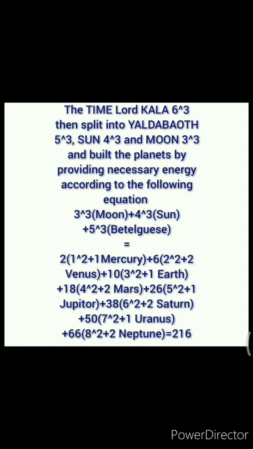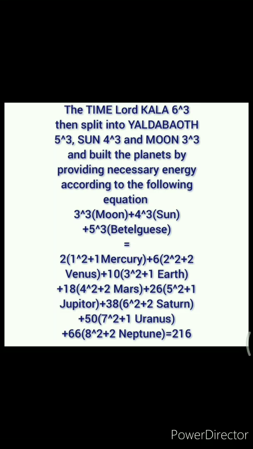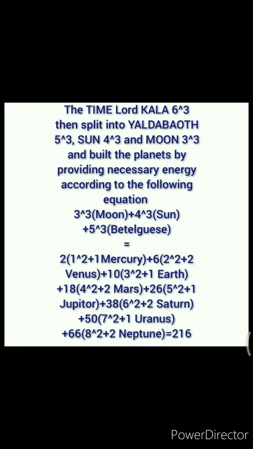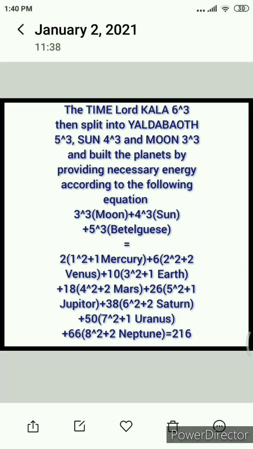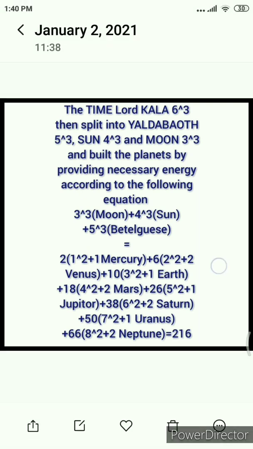So here, if you carefully observe this, 2 is Mercury, 6 is Venus, 10 is Earth, 18 is Mars, 26 is Jupiter, 38 is Saturn, 50 is Uranus, 66 is Neptune. All together they form 216. 216 is nothing but 6 cube, right? 216 is 6 cube.